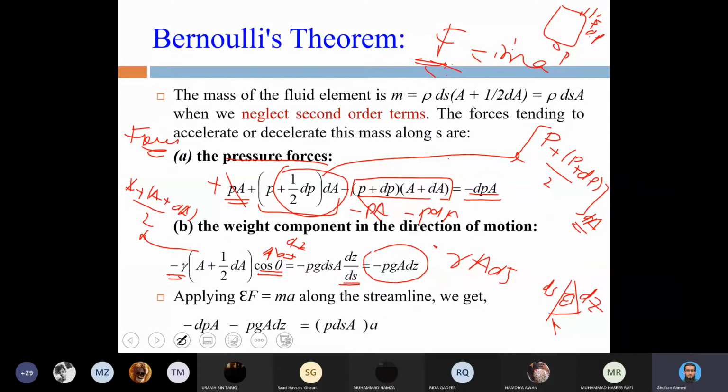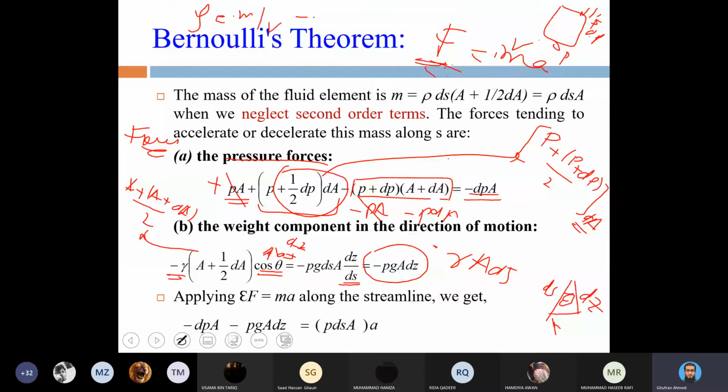So next thing is the mass of this fluid element. We know that density is equal to mass per unit volume.